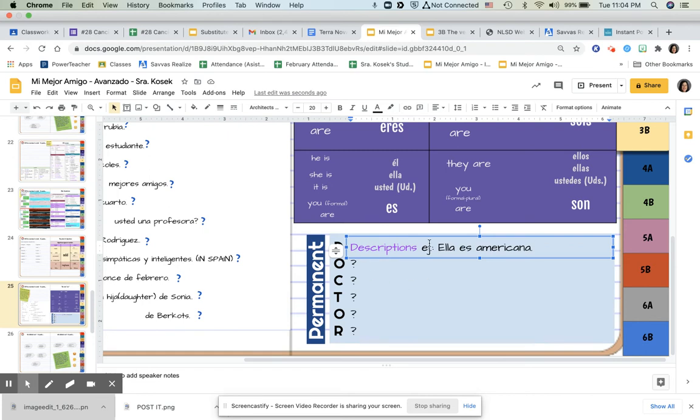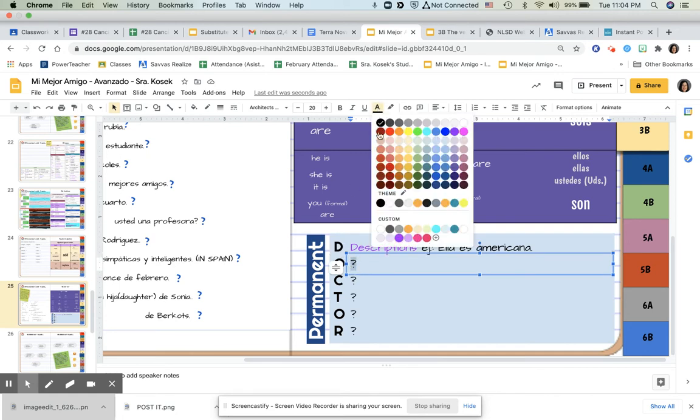She is Maria, or just physical descriptions like we learned last year when you had to do your presentation about the person. Tall, short, fat, skinny, redhead, dark haired, blonde, pretty, and ugly. Those to me are more descriptions that you guys know. So again, D stands for descriptions.